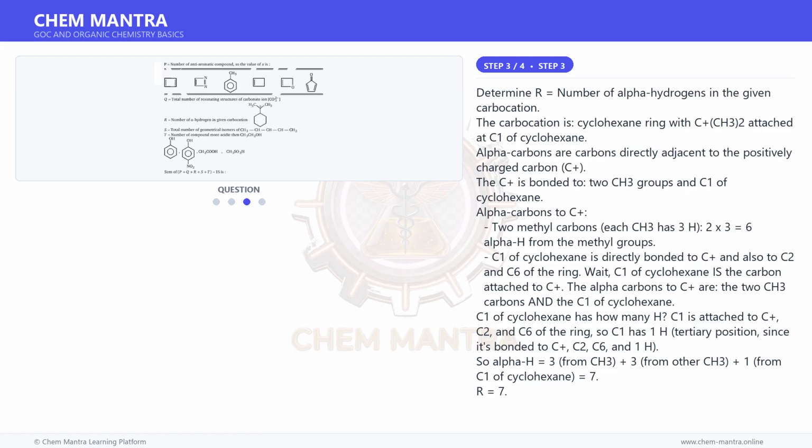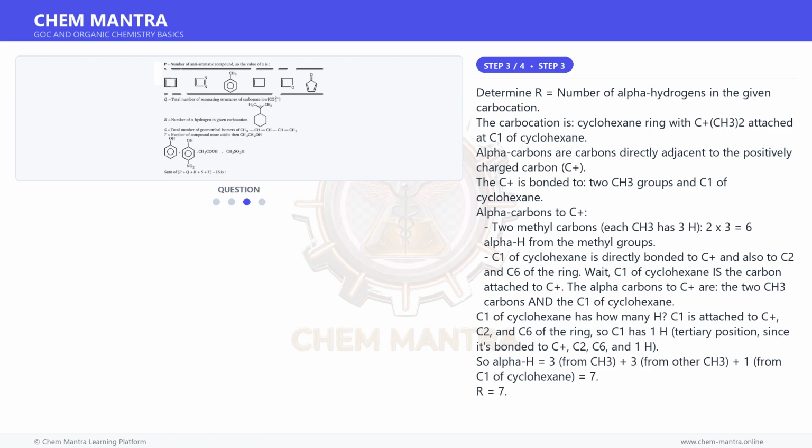The C+ is bonded to 2 CH3 groups and C1 of cyclohexane. Alpha carbons to C+: 2 methyl carbons, each CH3 has 3 H, 2 times 3 equals 6 alpha H from the methyl groups.